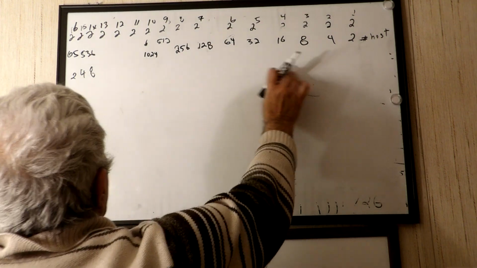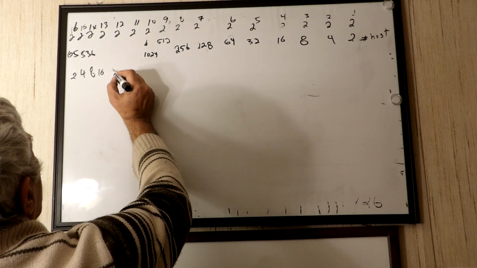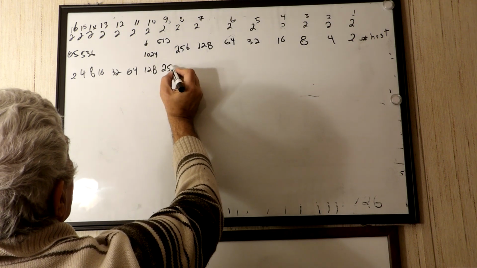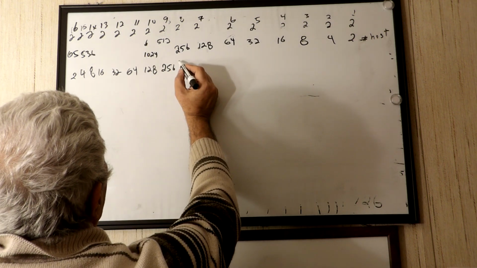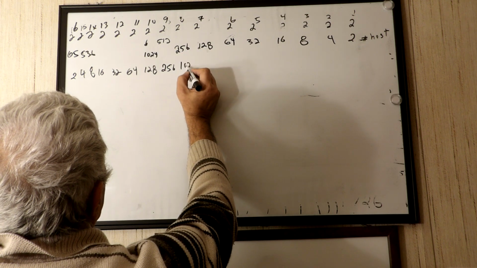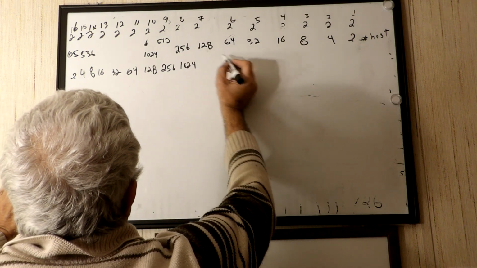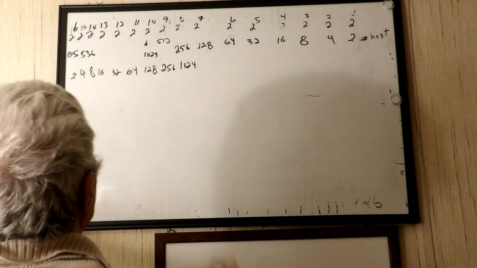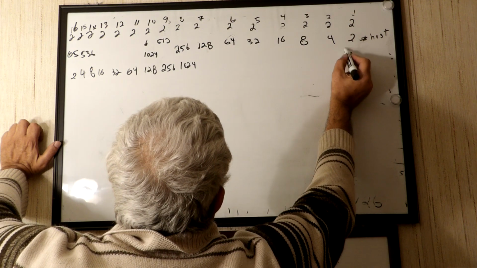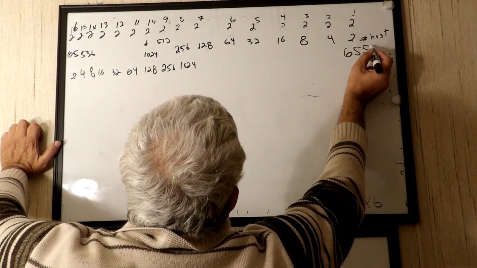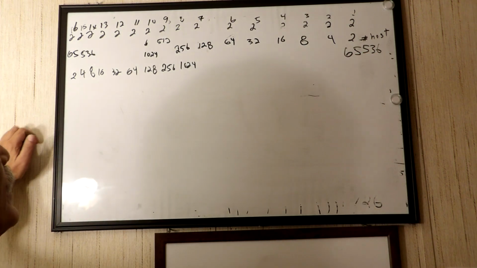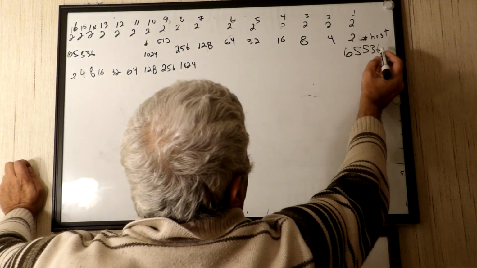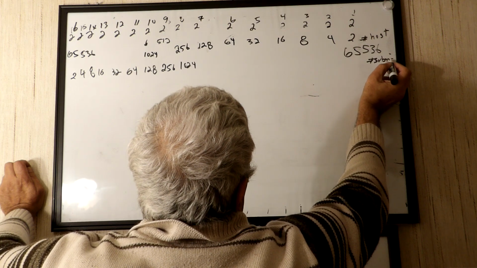You write the same thing here, 8, 16, 32, 64, 128, 256, and then it's going to increase 1,024, and it's going to be 2,048, and so on, and the last one is going to be 65,536. This is the number of hosts, and this is going to be the number of subnets.